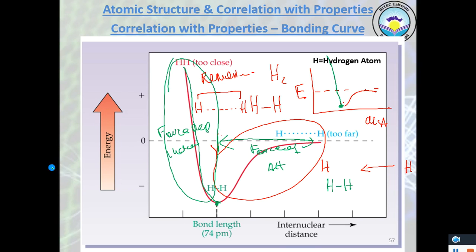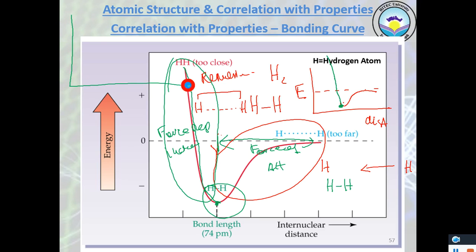Now look into the steepness of the curve. Steepness of curve means depth of the curve. You have to check how steep the depth of the curve is. What is the gradient? Is it approaching perpendicular or not? If we have a higher steepness, for example, let me compare here.